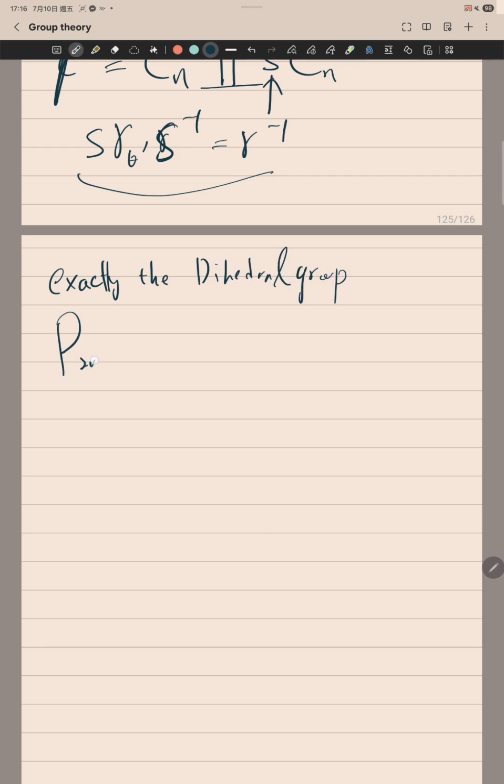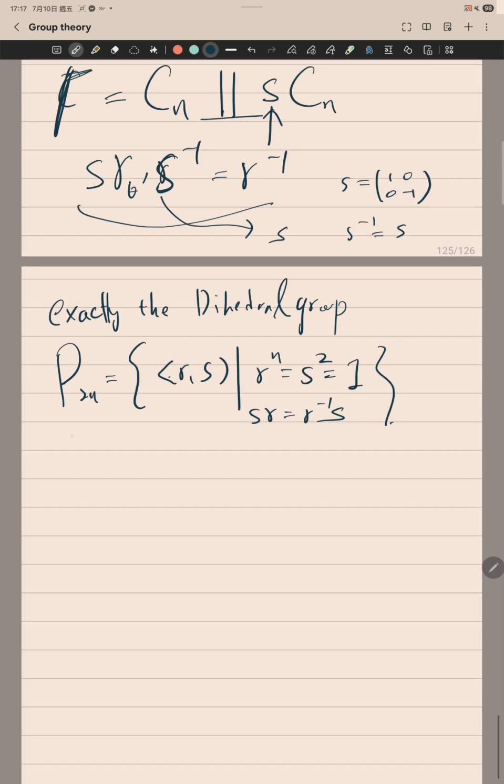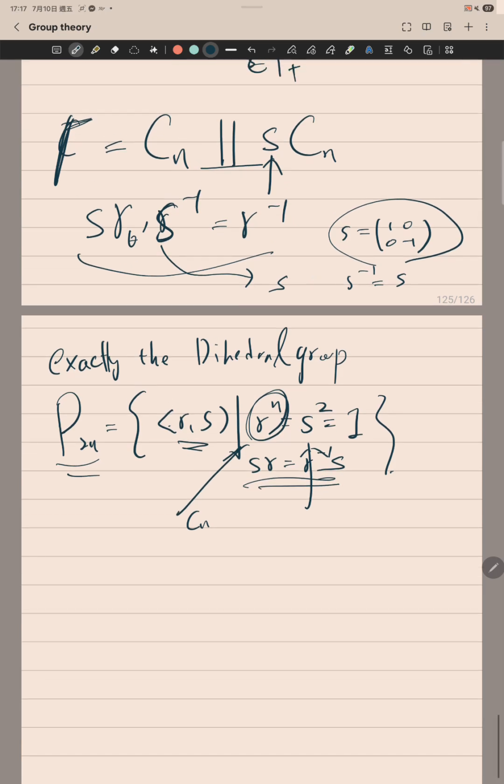Recall the dihedral group D2n is generated by R and S, with R to the n equals 1, S squared equals 1, and S R equals R inverse S. Notice that S inverse is S, because S is [1, 0; 0, -1], so its inverse is exactly S. So you can see that from here, this is basically Cn, this is S, and S squared equals 1, and they satisfy the same relations as this gamma. So gamma is just isomorphic to D2n. So it's isomorphic to the dihedral group.